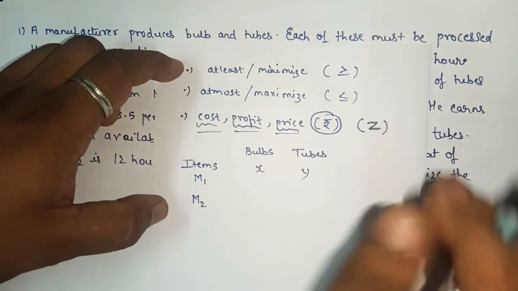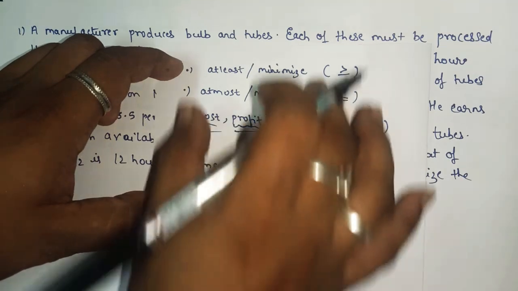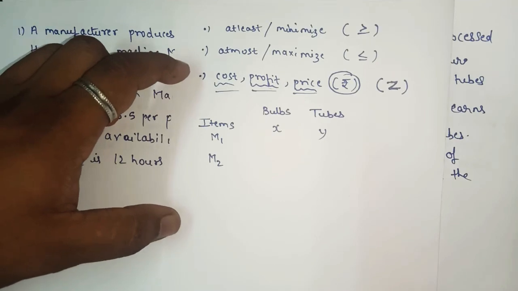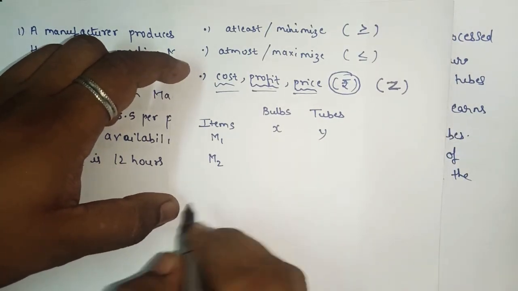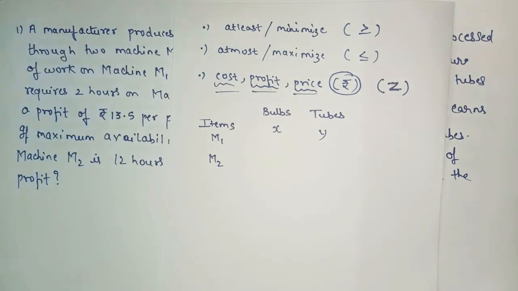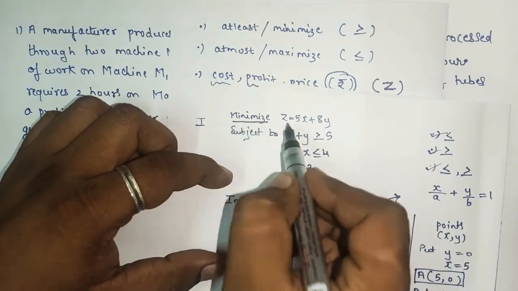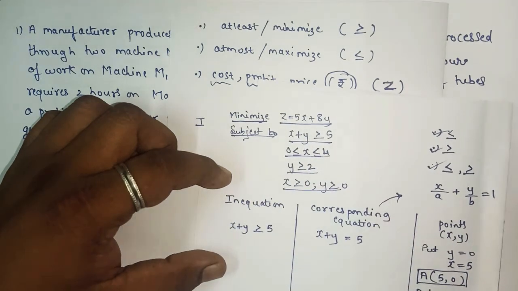Now, in the equation, here I'm showing the technique of how to frame it. In the graphical method we saw, we used to have "minimize Z, subject to" the equations, yes or no?